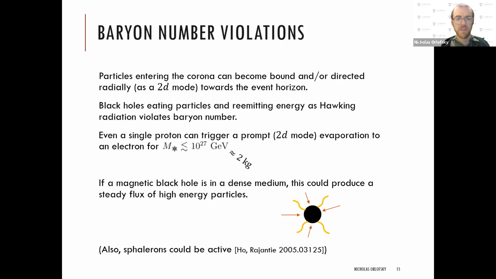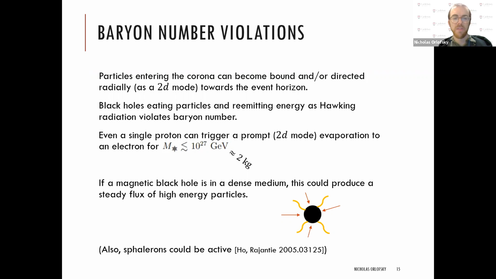Besides mergers, if you put a black hole in a dense environment, essentially, it's going to start sucking in all of the baryons and leptons in that environment, and when it does, then of course it deviates away from extremality and can very promptly evaporate back into, for example, electrons.